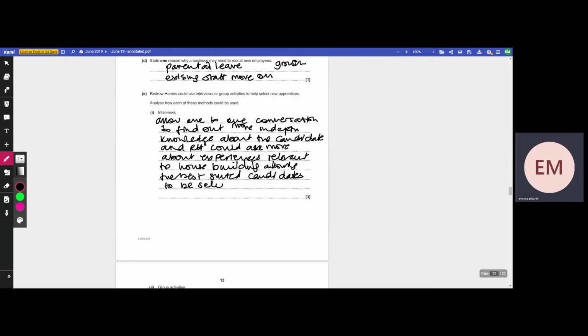So I've said the best suited candidate, so that's going to be my analysis mark about experience relevant to house building. So I'm going to get my application mark there, and more in-depth 1-to-1 conversation is going to get me my understanding mark there.